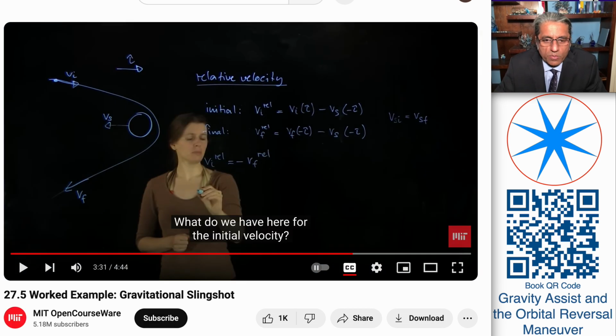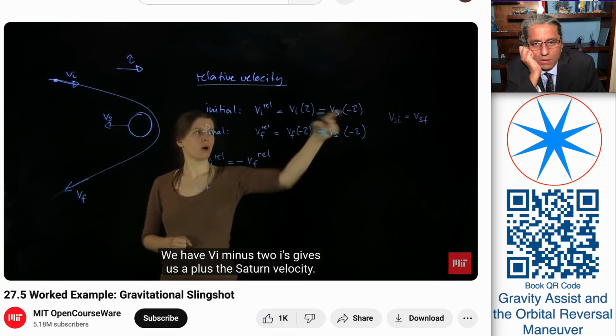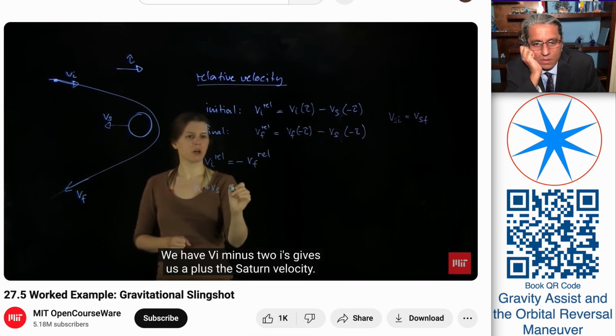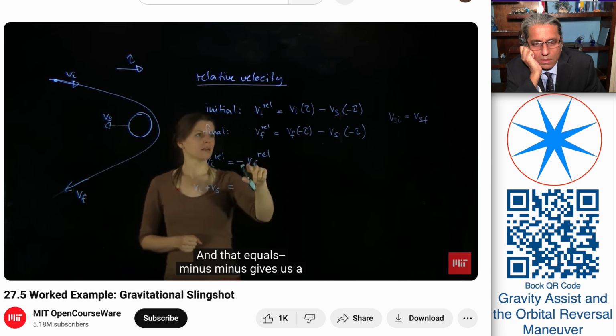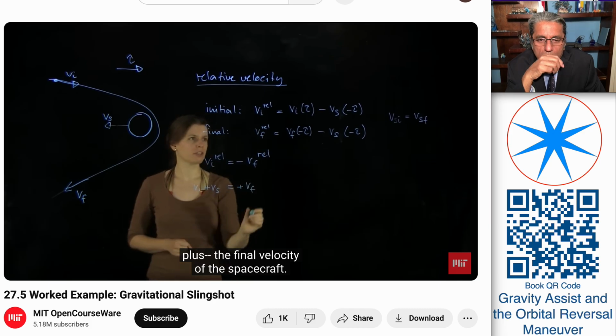Okay, so this is MIT open source, and here what we see is the professor calculating the final velocity for the spacecraft. We have VI minus twice the Saturn velocity, and that equals the final velocity of the spacecraft.